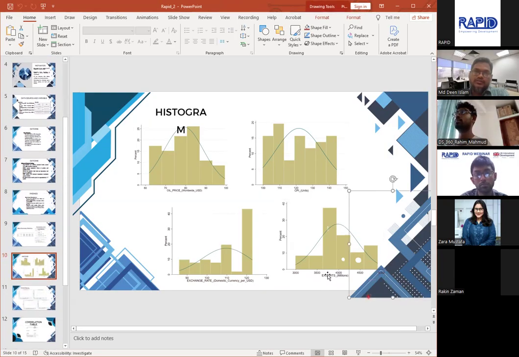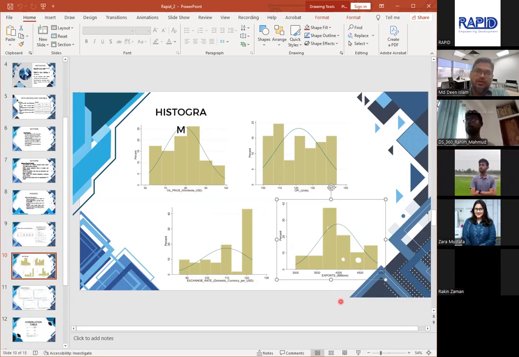And then also the exchange rate, there is a huge jump. It was about 80, 85 taka at the beginning of 2022, and then in one year it shot up to about 120 taka. But then it remained around 120 taka for several months. So the exchange rate is also controlled.